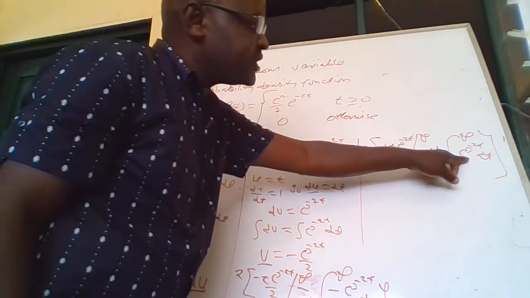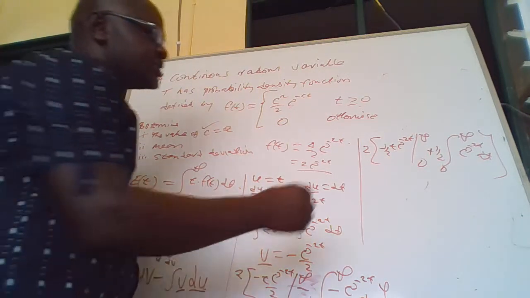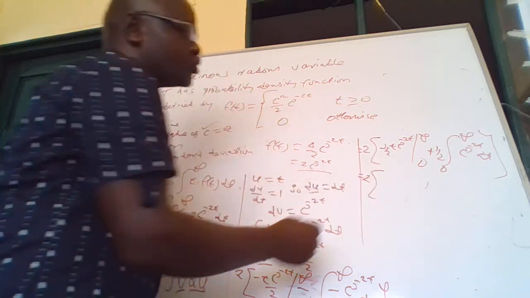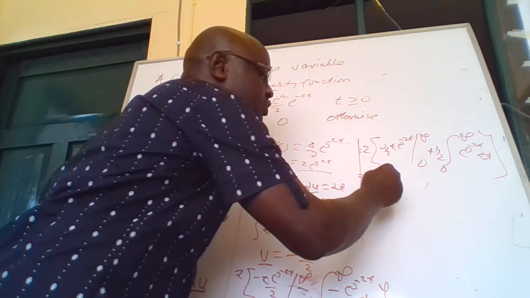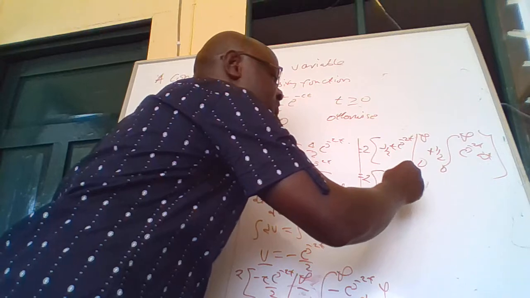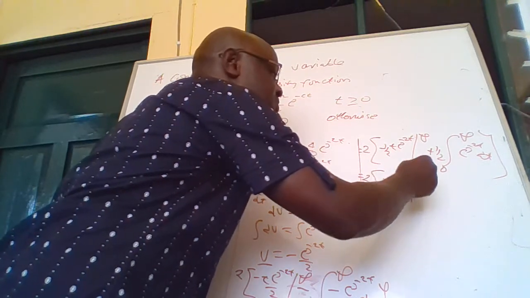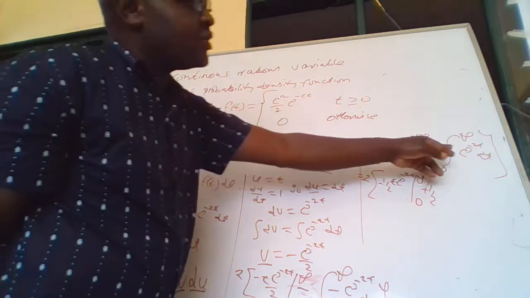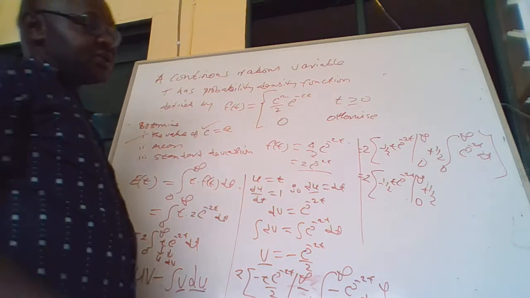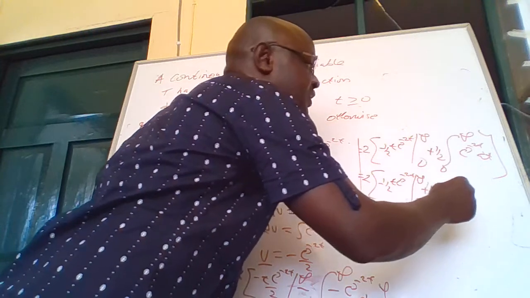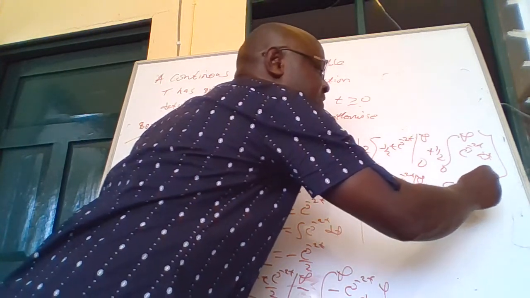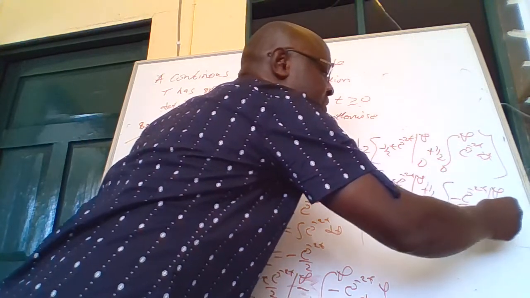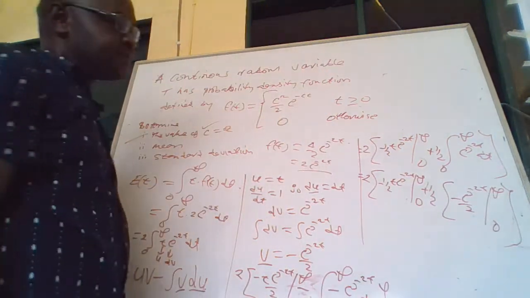And then we integrate exponent minus 2t. So this is equal to 2 into negative a half t exponent minus 2t plus a half. When you integrate exponent minus 2t, we get minus exponent minus 2t all over 2. Remember the limits, like that.